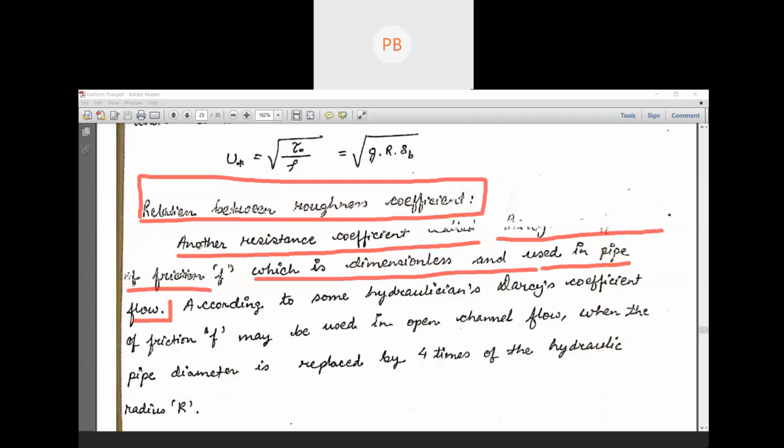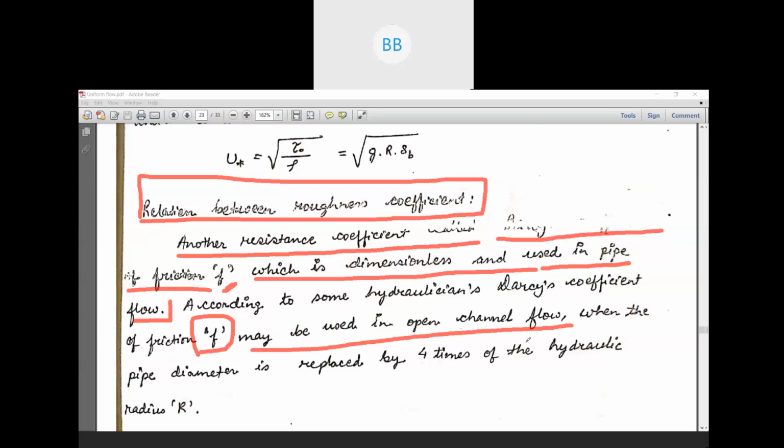So you write in the next paragraph: another resistance coefficient called Darcy's coefficient of friction, small f, which is dimensionless and used in pipe flow. According to some scientists, Darcy's friction coefficient may be used in open channel flow.